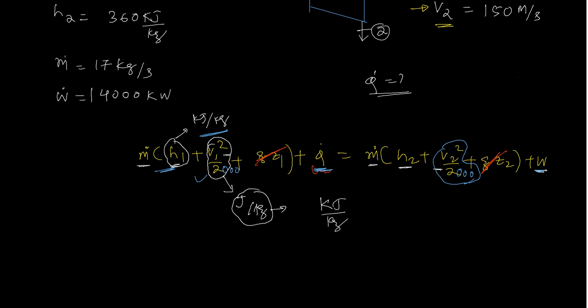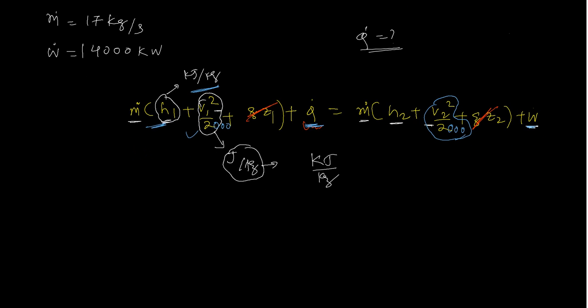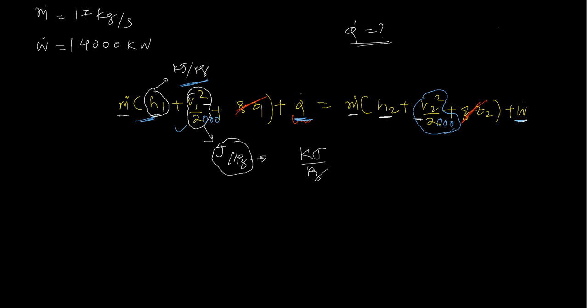So now simply we have to plug in the values which are given to us. So we have to find out q dot, right? So q dot will be equal to what? This will be m dot, I'm writing h2 minus h1. Okay, so I'm taking all this term to the right hand side, right?